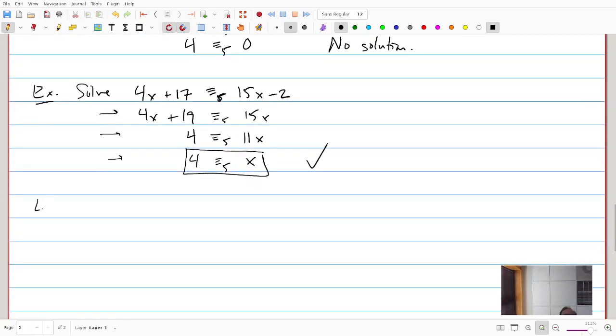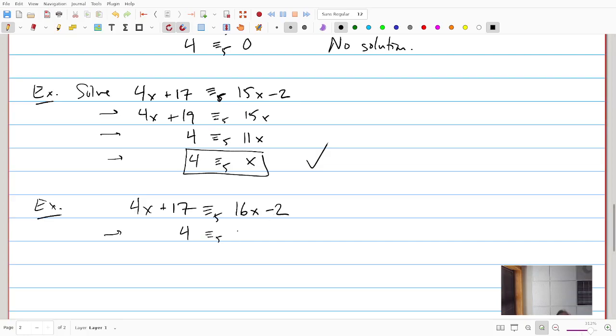So actually, I wanted to do one more example because I have 16x there, right? So we do a bunch of steps at once. If I add 2 to both sides, I get 19, reduce, I get 4 is equivalent modulo 5.